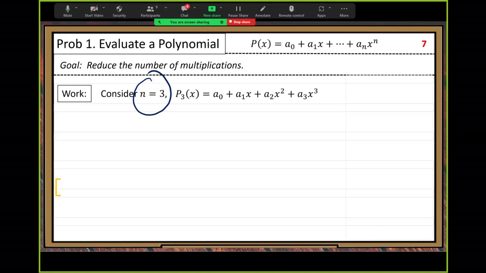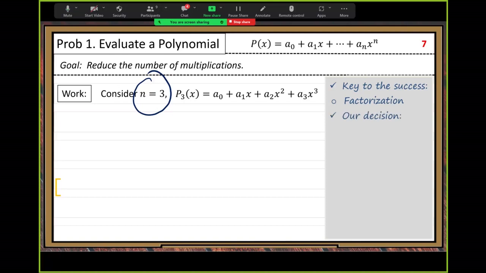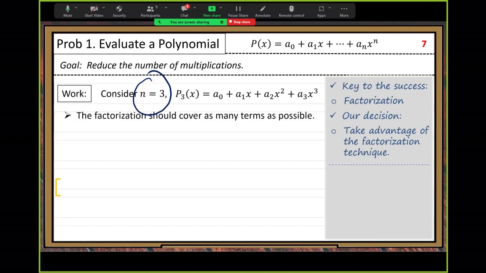We know from the previous experiment that the key to the success is the factorization technique. The reason we can do the multiplication reduction is that we take advantage of this factorization technique. So our decision is to take advantage of it. Let's try it.